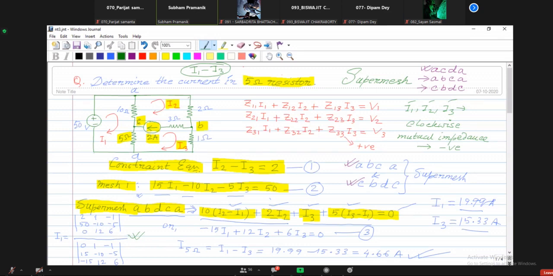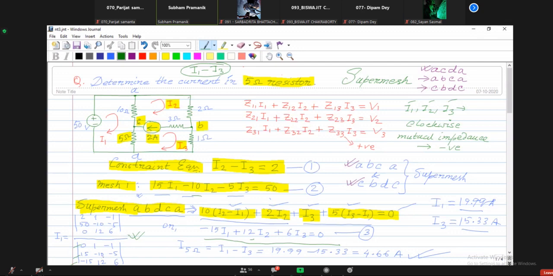If there is no I1, then write 0 into I1 there. So what are the coefficients? 0, 15, 10... not 10, rather this one. This is the equation. Minus 50. Then 1, minus 10, 12.